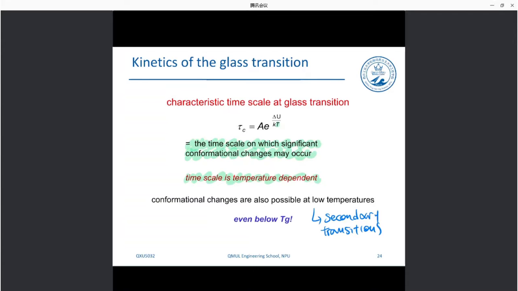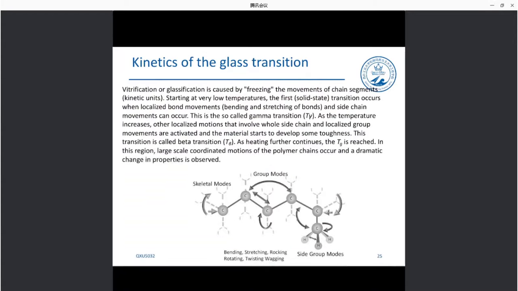Let's look a bit more at what the secondary transitions are. We have two different types of secondary transitions: the gamma transition and the beta transition. And then we have the glass transition. The secondary transitions have characteristic times, tau gamma and tau beta.